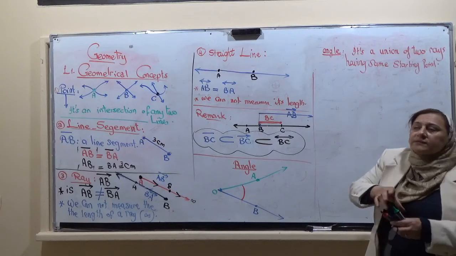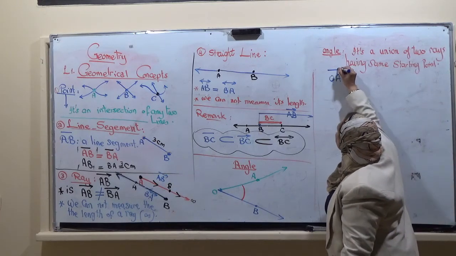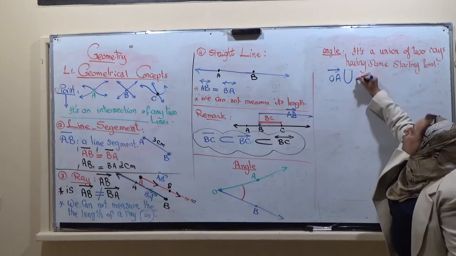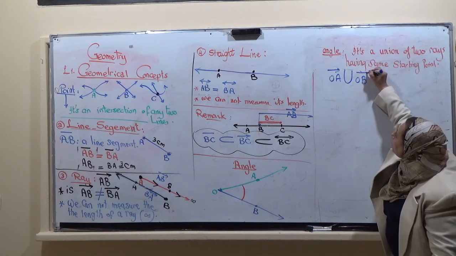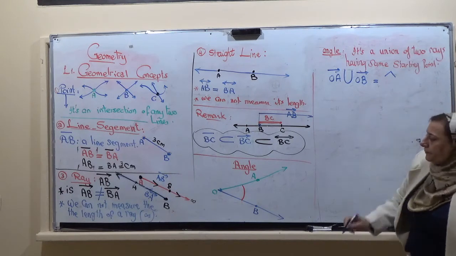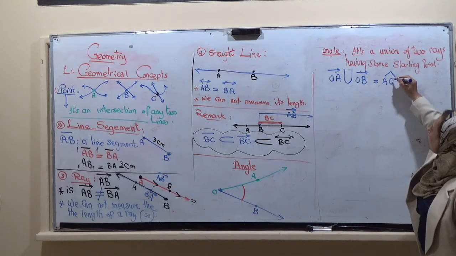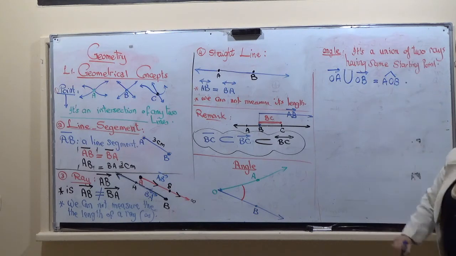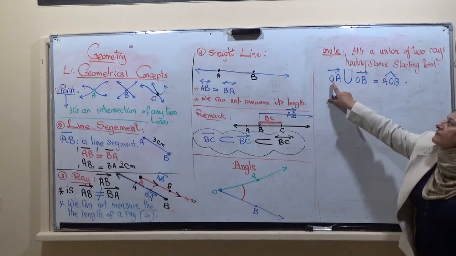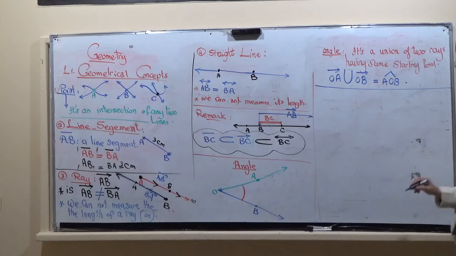In mathematics, we can write it like this: the OA ray union the OB ray gives the angle AOB. This is the definition. It's the union of two rays having the same starting point O. This is the definition of the angle.